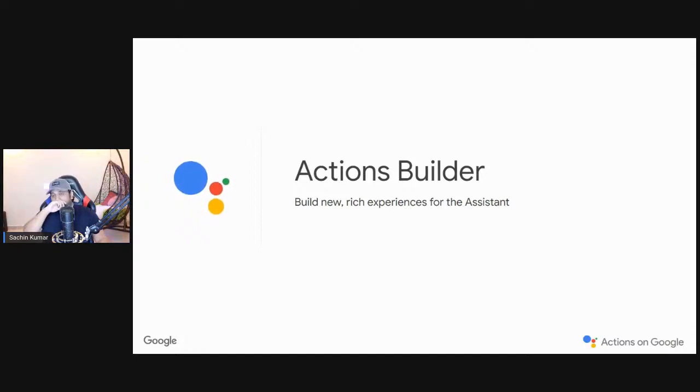But Google went back to the drawing board and felt that we have Actions on Google, which is a developer platform for the Google Assistant, but to build a conversational action we had to go to Dialogflow, which was another tool. You had to switch between Dialogflow and Actions on Google to go through the entire experience. So they asked what's the best way to unify all of this and build a great tool that makes sure everything is streamlined.